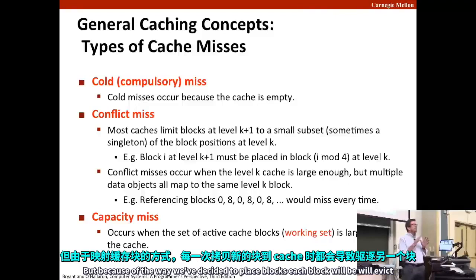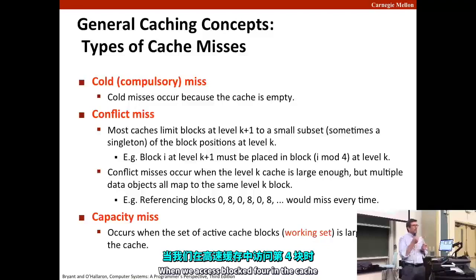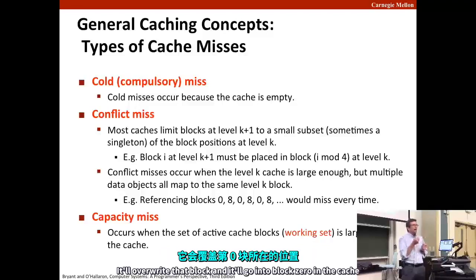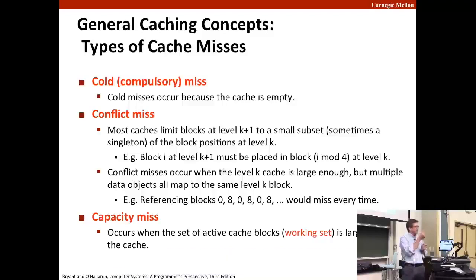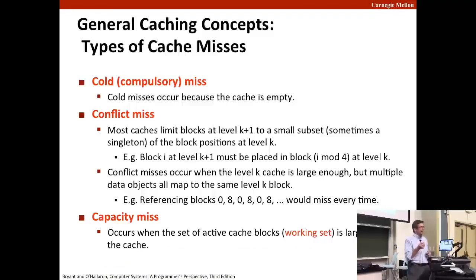But because of the way we've decided to place blocks, each block will evict the previous one. When we access block 4 in the cache, it'll overwrite that block and it'll go into block 0 in the cache. So it's really the access pattern conspiring with the algorithm that we're using for placing blocks.